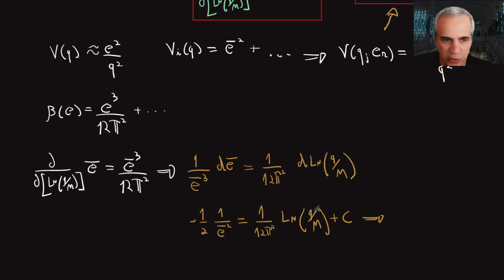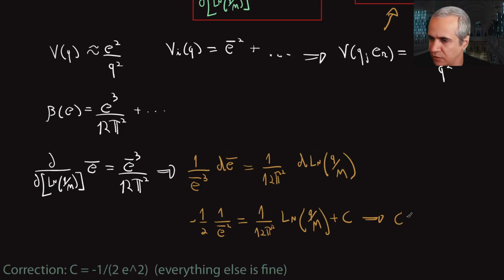So I just have to put M here. The log goes away. You just get that C is minus 6 pi square over ER square, because when I put all Q's to M, E bar becomes ER, right?